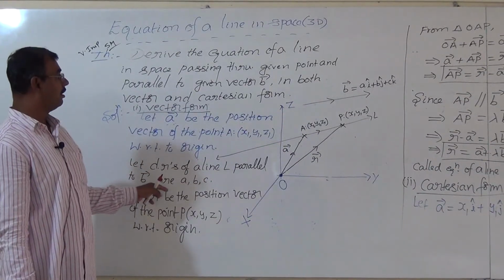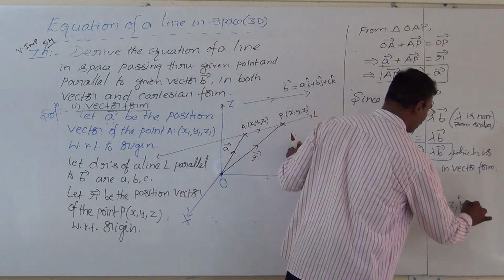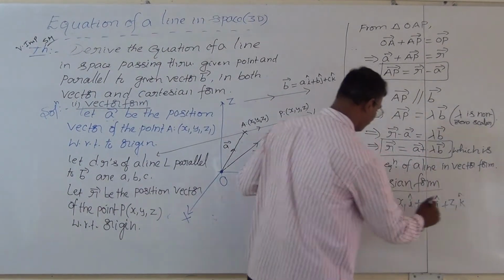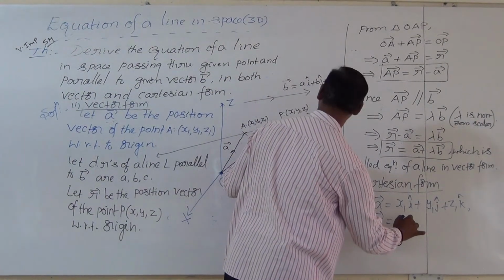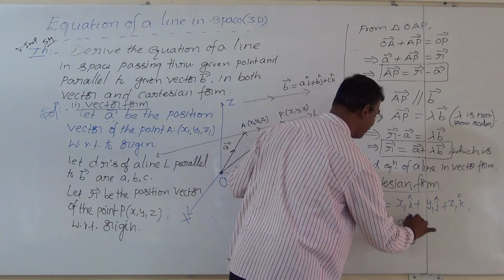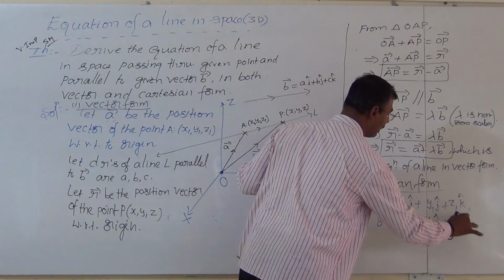What is the B vector? B vector in vector form is equal to a i cap plus b j cap plus c k cap.